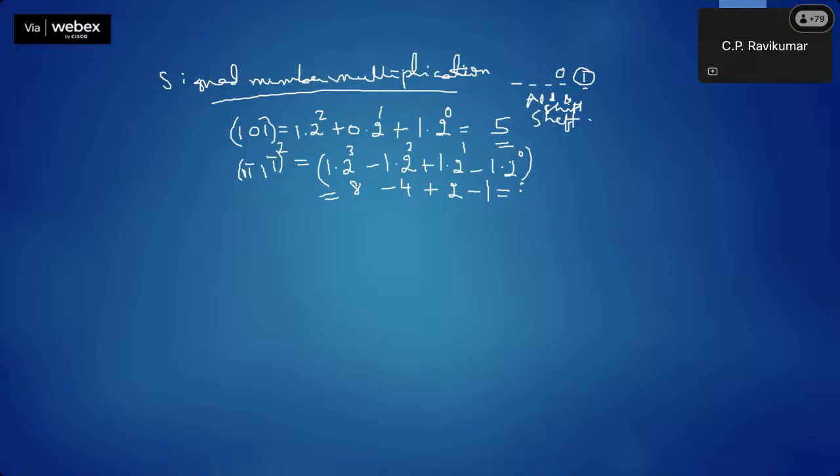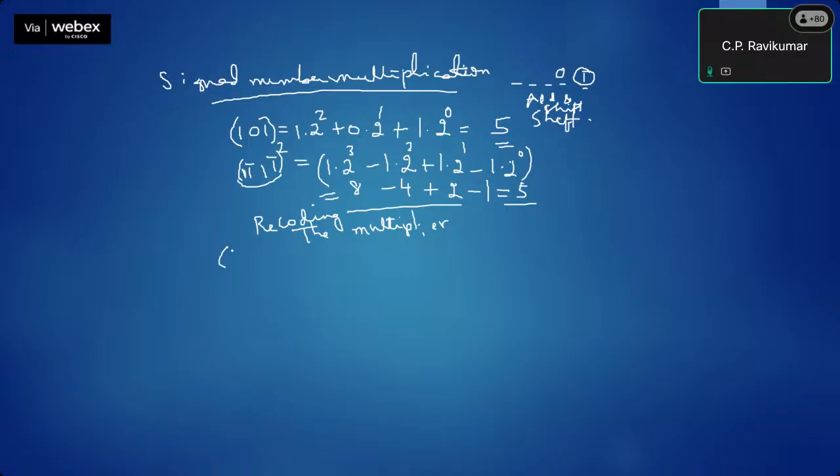And this is also equal to 5. So this is called recoding the multiplier. Instead of zeros and 1, we are using 3 states, 0, 1 and 1 bar. 1 bar is same as minus 1, and 0 and 1 are the same.